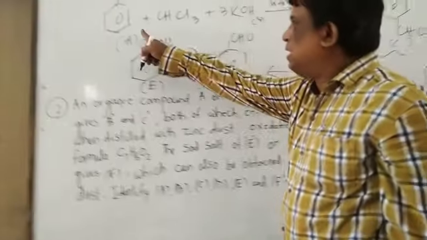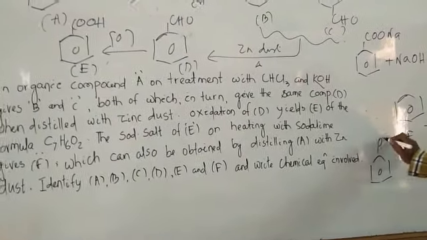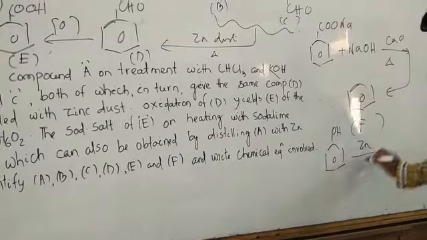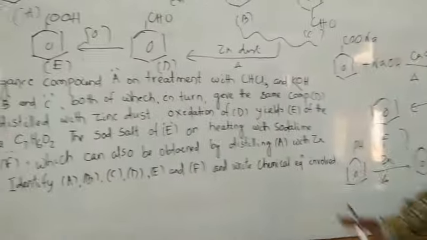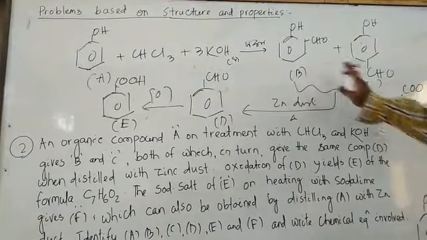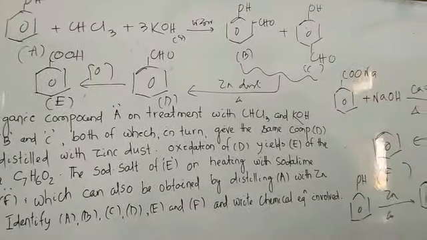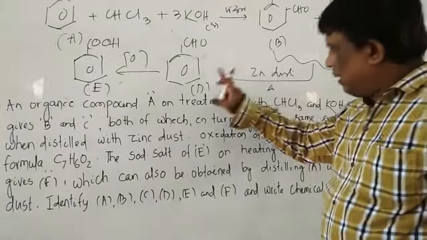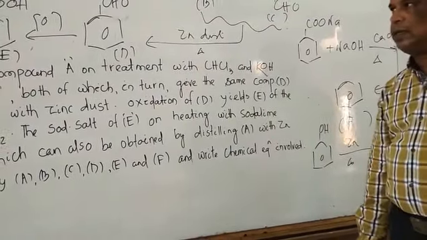If A is phenol, on heating with zinc dust, benzene is formed. So here A is phenol, B and C are o-hydroxybenzaldehyde and p-hydroxybenzaldehyde, D is benzaldehyde, E is benzoic acid, and F is benzene.